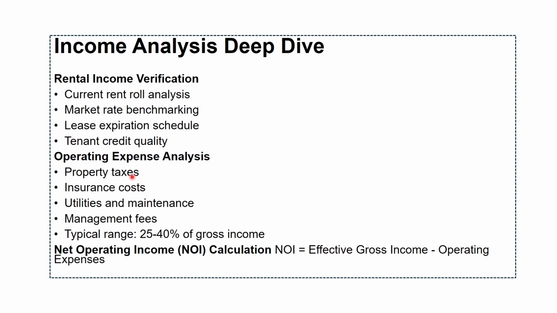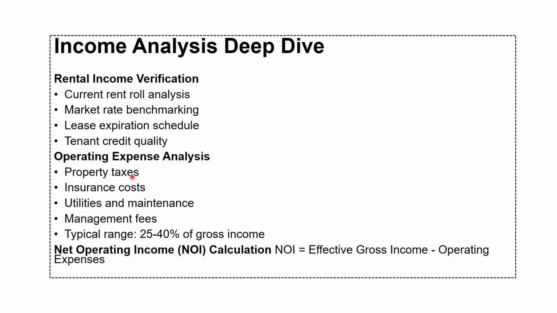Then lease expiration schedule. After that we have tenant credit quality, and we have operating expense analysis: property taxes, insurance cost, utility and maintenance, management fees. So these are the operating expense analysis points. That is how income is basically looked at.